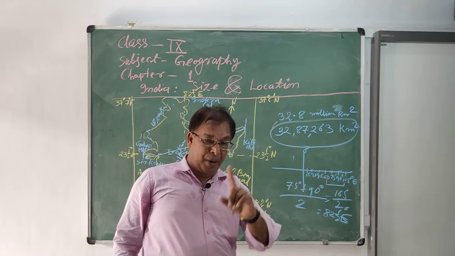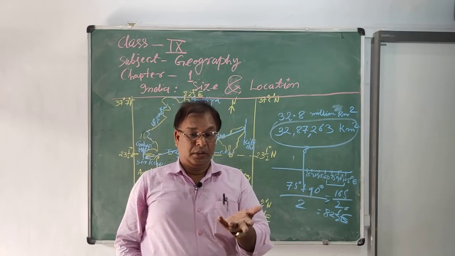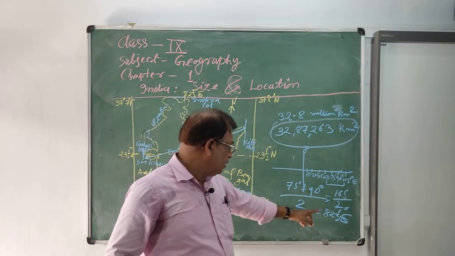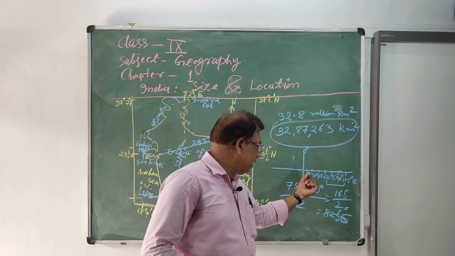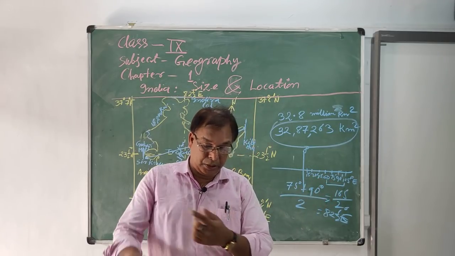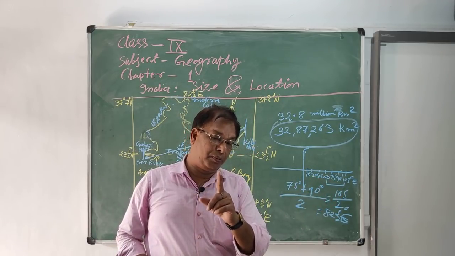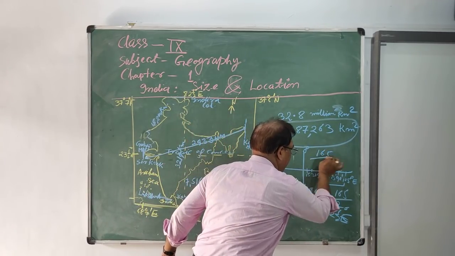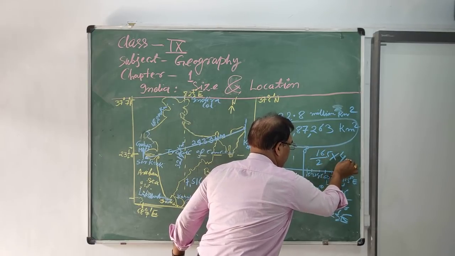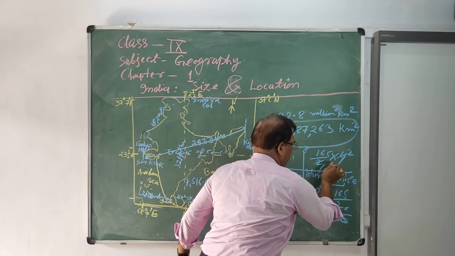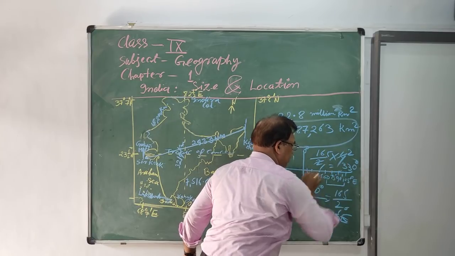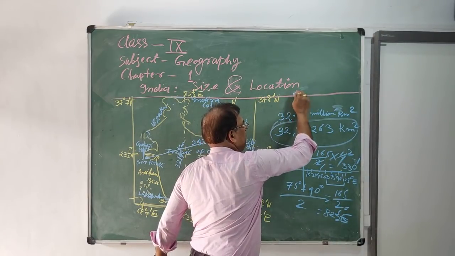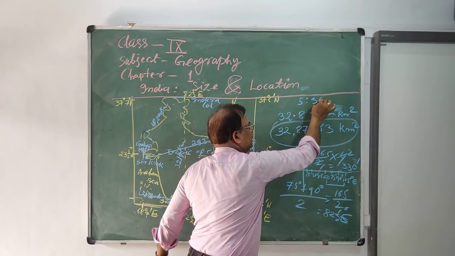As you also learned in the previous class, every degree of meridian crosses the earth in 4 minutes. So 82.5 degrees, that is 165 by 2 into 4, equals 330 minutes. It also shows 5.5, that means 5 hours 30 minutes.